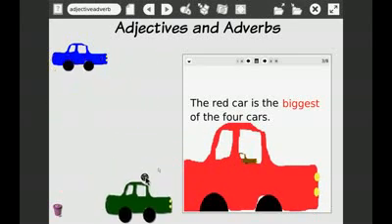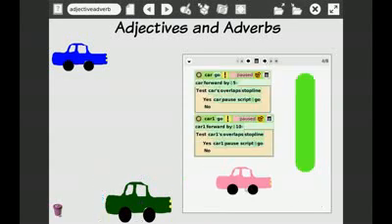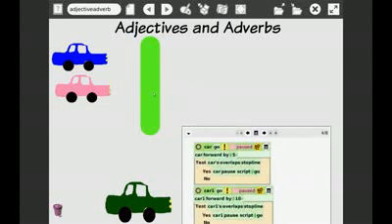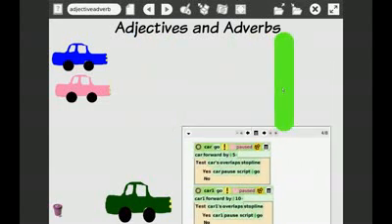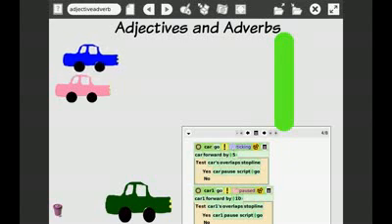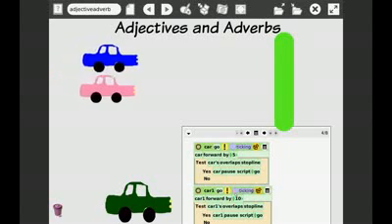But let's demonstrate this again, first using just these two cars. We have a red car and a pink car, and they're going to race along until they hit this green stop line. We're going to give the blue car a little bit of a head start, and then send the pink car on the way.